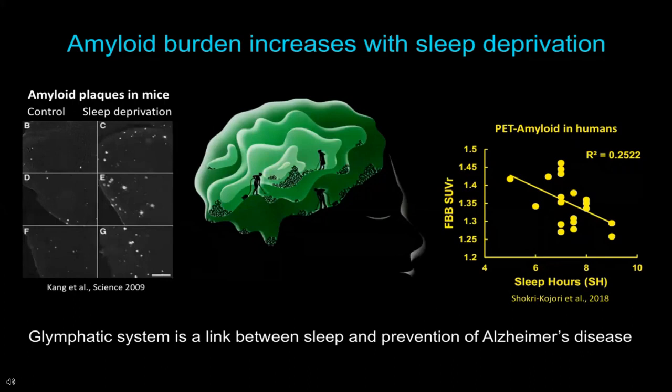Also, in humans, it was later shown that the more hours that we sleep, the less amyloid we have in the brain. So the glymphatic system sparked a new interest in sleep as a way to prevent Alzheimer's disease. We think that the glymphatic system is also important to study in relation to Alzheimer's disease, for example.